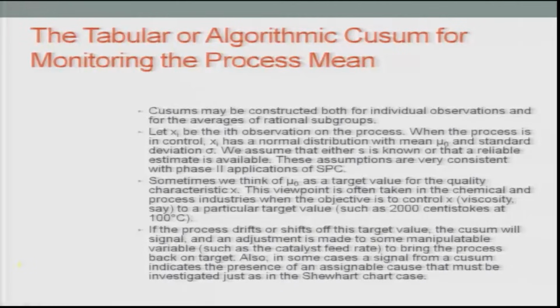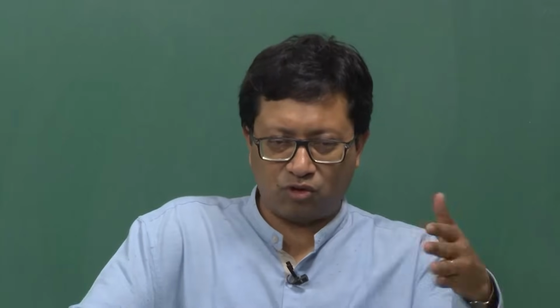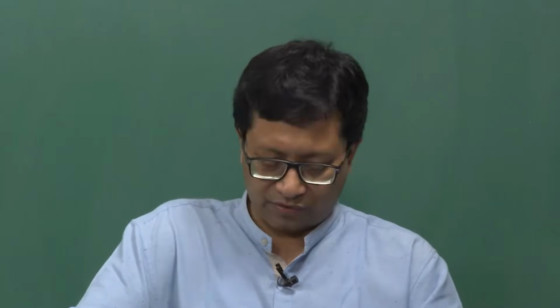And consider in this case that we are measuring viscosity; for example, mu naught should be about 2000 centistokes at a temperature of 100 degrees centigrade. So, depending on the temperature, we have already finalized what the viscosity level should be, based on which we will try to bring our overall process back to a certain value, which is mu naught, which you want to achieve.